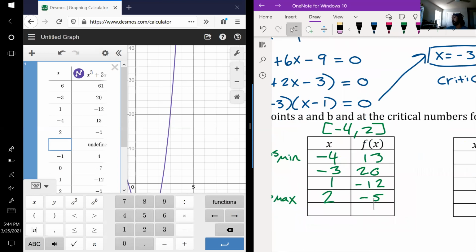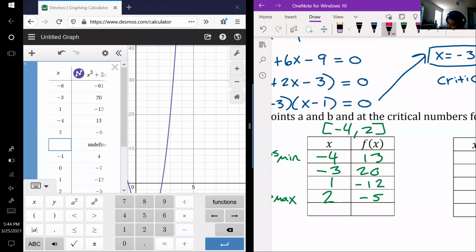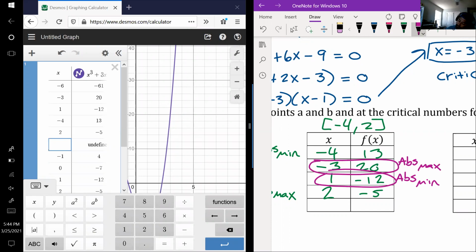Now look at your y values, and which one's the smallest y value? -12. There it is. Absolute min. What's the largest y value? 20. There's my absolute max.